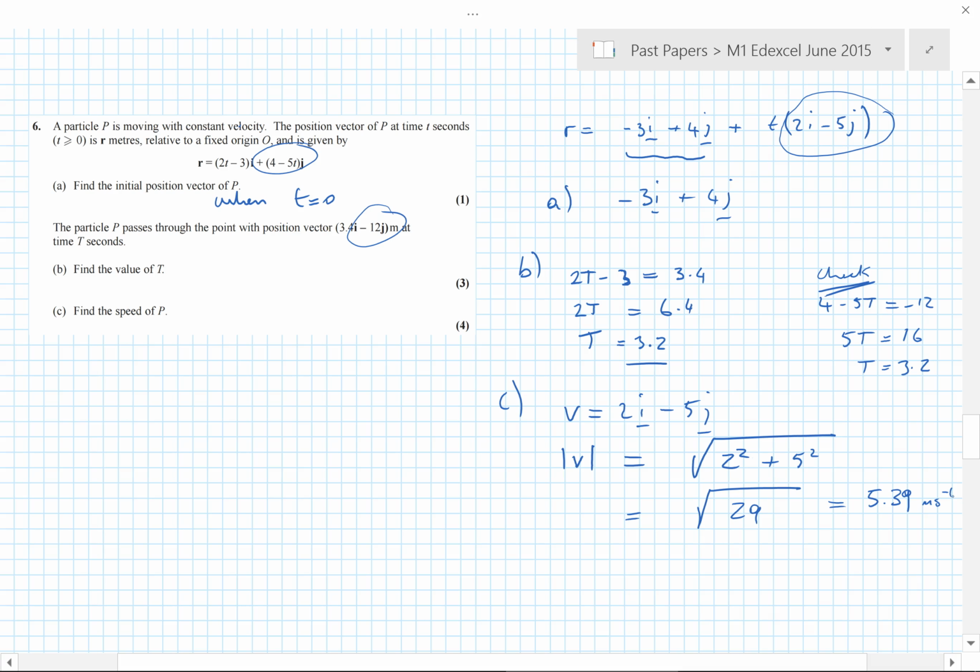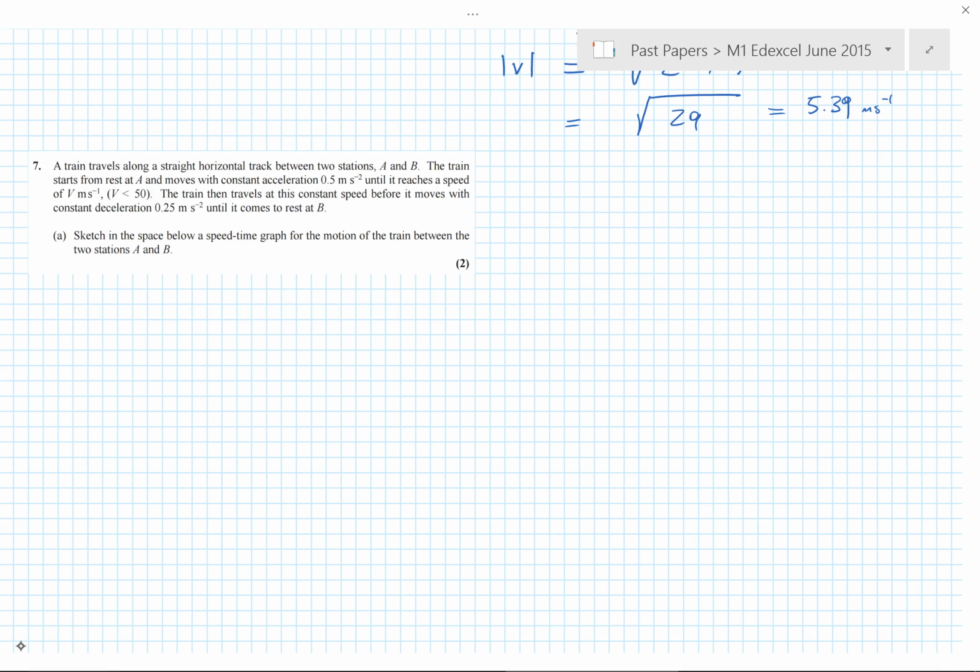Nice easy question. Okay, so we've got a speed-time graph here. We've got something moving along a track and it's accelerating with an acceleration of 0.5 until it reaches a particular speed. Then it's going at a constant speed and then it starts to decelerate.